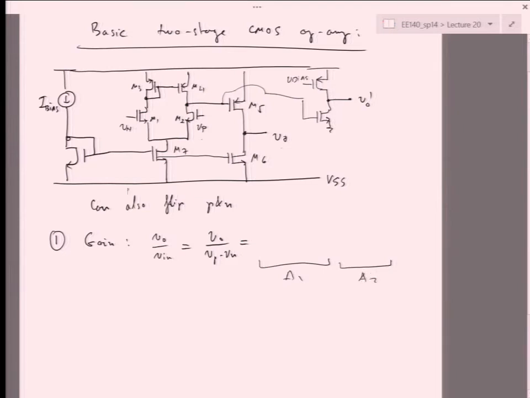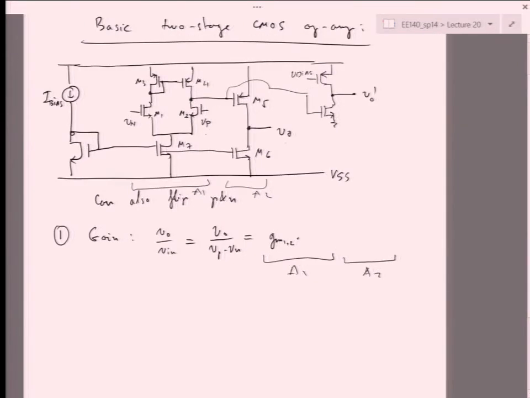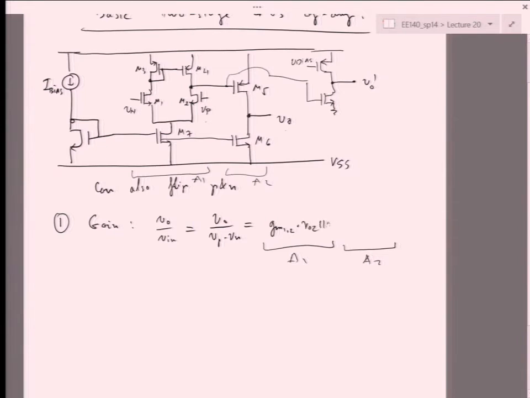A1 is this, and this is A2. So what is A1 gain? That was the long derivation that we did to conclude that it's actually a very simple expression in the end. I'm going to write it as GM1 or 2, because those are the same, times RO2 in parallel with RO4.